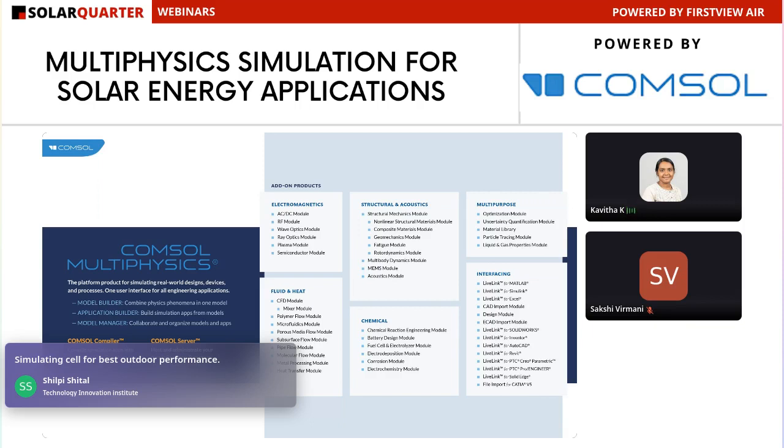We wanted the efficiency in terms of how much power is generated with respect to the voltage. So we saw one of the applications today, and I took a quick demo of the app. That app is mainly based on this question: how to simulate a solar cell for best outdoor performance.